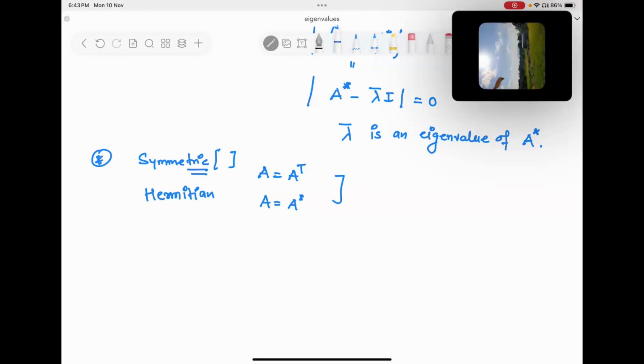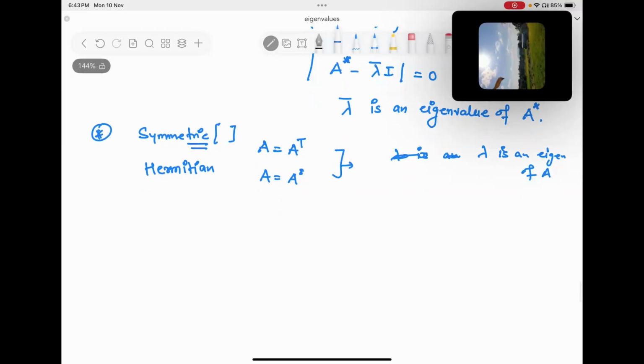In both cases, where lambda is an eigenvalue of A, since A equals A star, lambda bar will be an eigenvalue of A star.